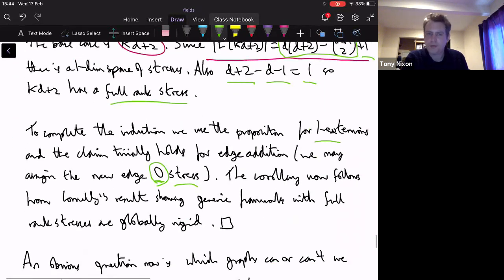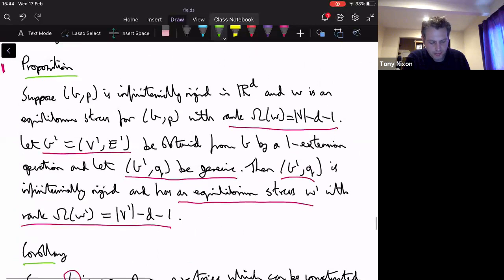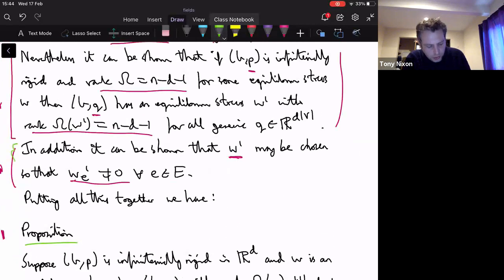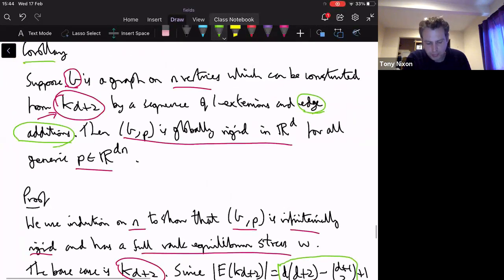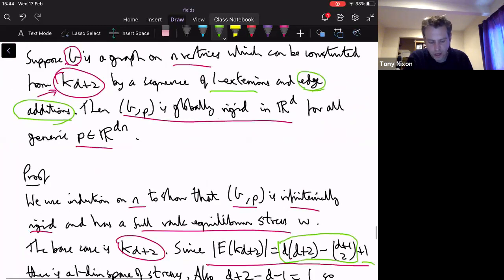So you might worry about flipping between the two, but that goes back to the point I made: when you've got this omega dash that works generically, you can move it around a little bit, and you can show that it can be chosen to be nowhere 0 as well. So we can flip between one extensions and edge additions in our sequence generating our given graph, the graph we are aiming for, G.